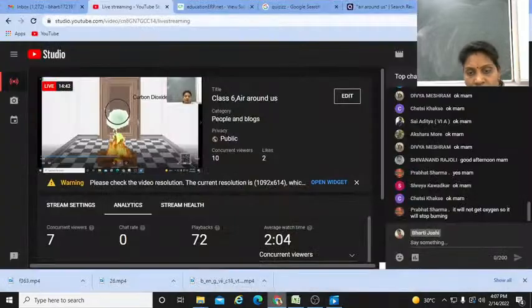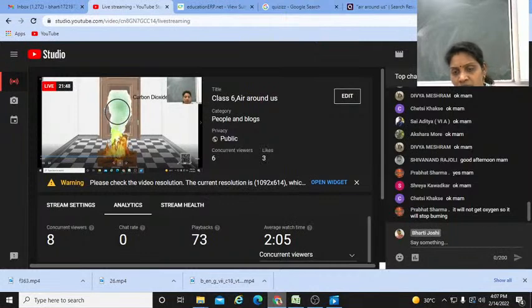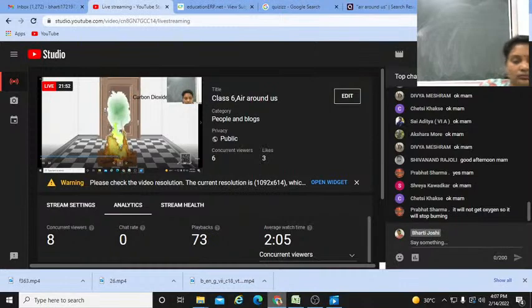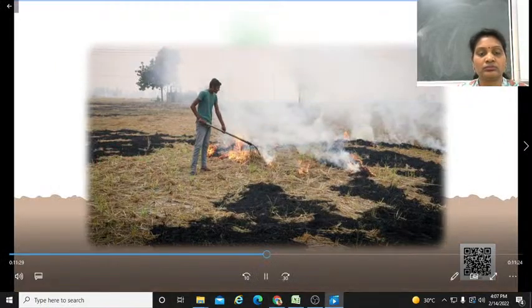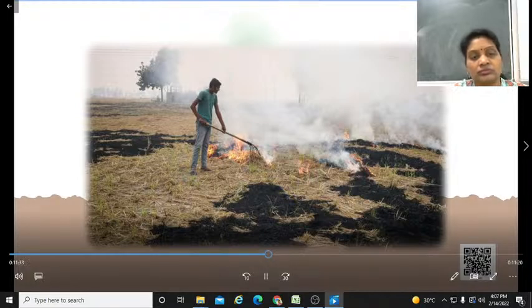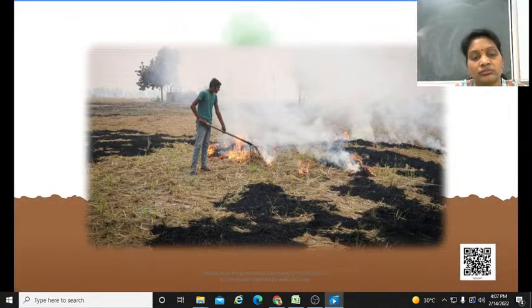Carbon dioxide makes up a small component of air around us. It is advisable not to burn dry leaves and discarded remains of the crop as it pollutes the environment and increases the level of carbon dioxide in the atmosphere.